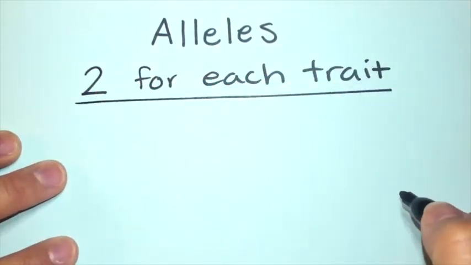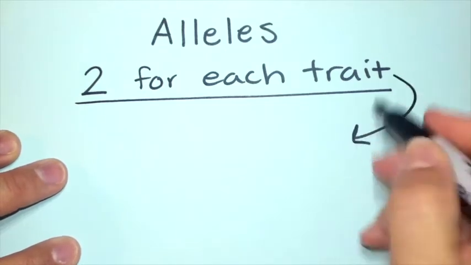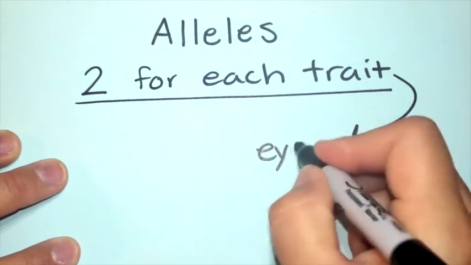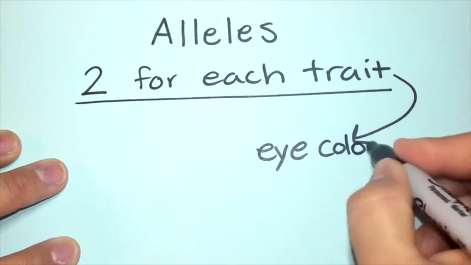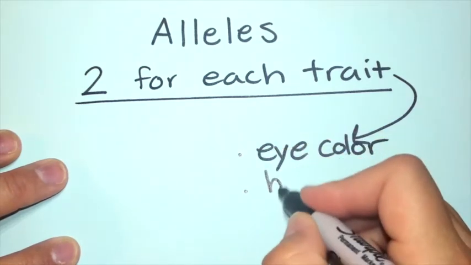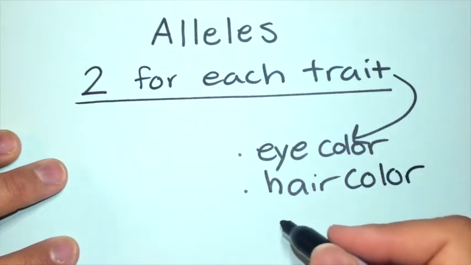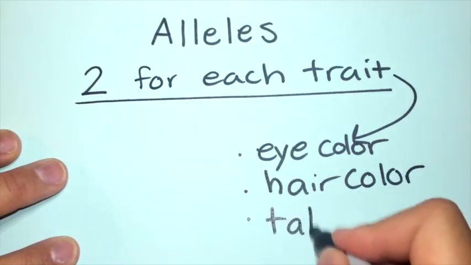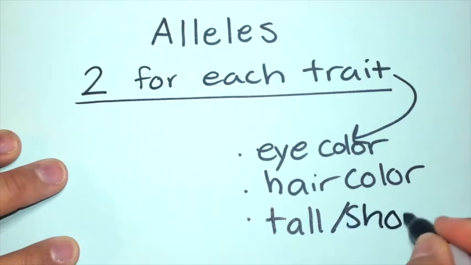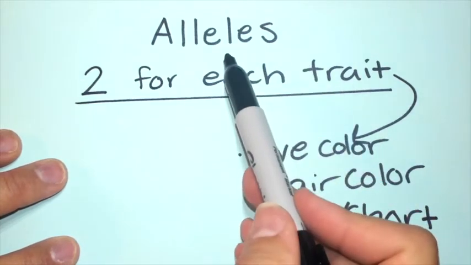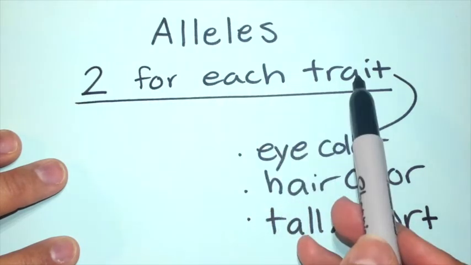Traits are like your eye color or your hair color, etc. How tall you are. Tall versus short.